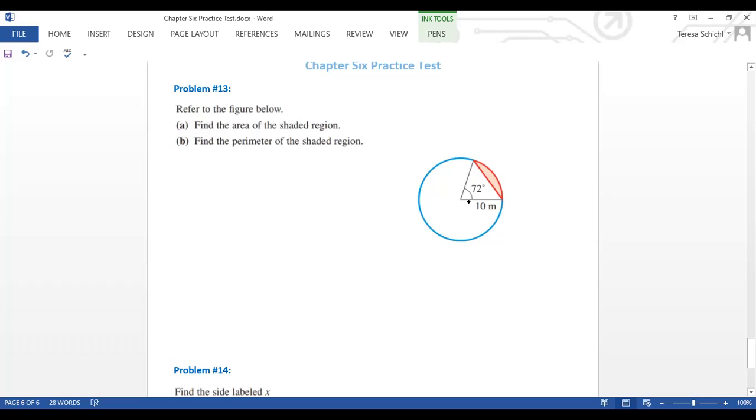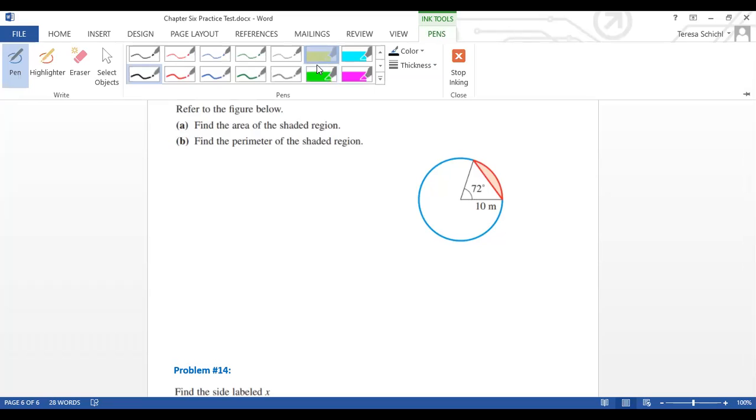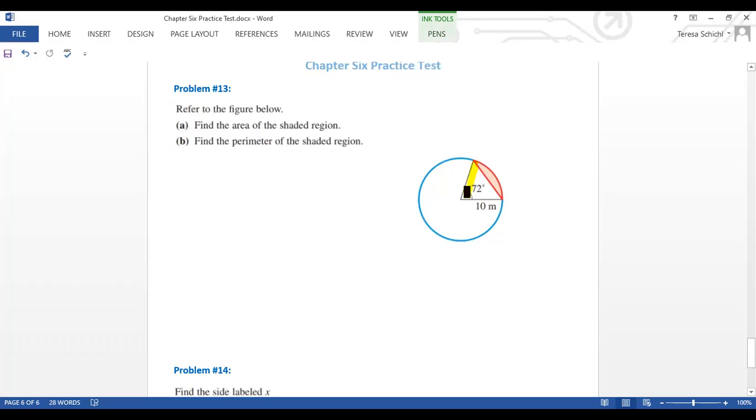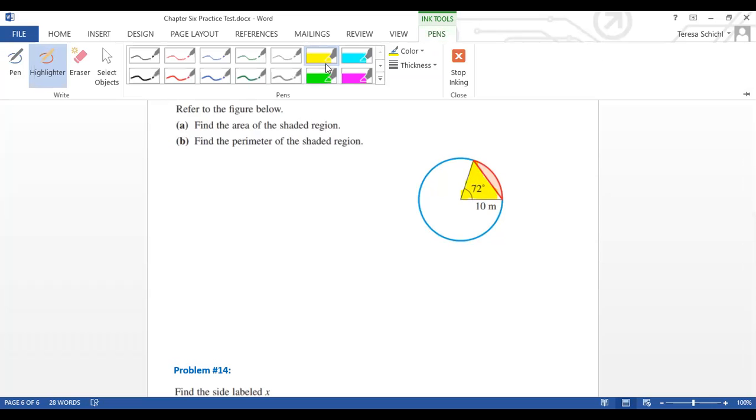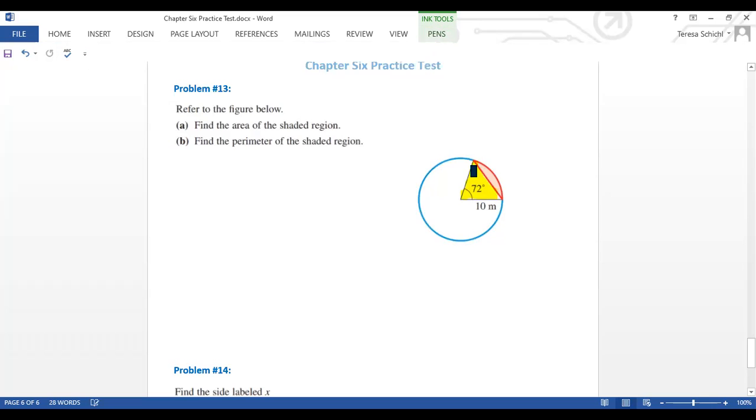If I can find the area of this sector, then I minus the area of this triangle, see here, right? Take a look here, this is the triangle, right?